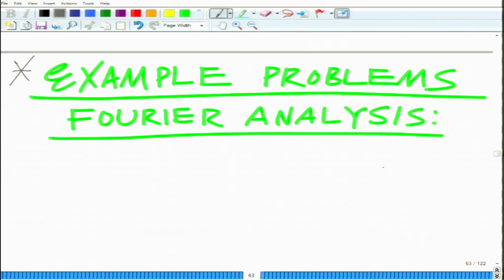Now, we know the CFS of x tilde t, we have already derived the complex exponential Fourier series of x tilde t.